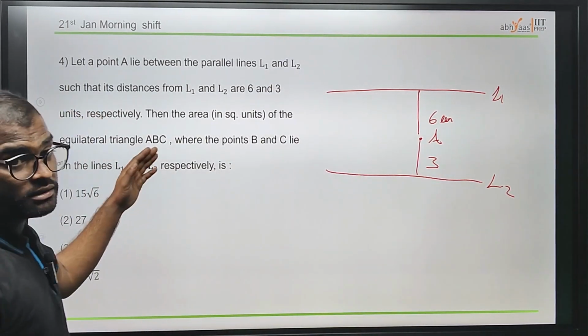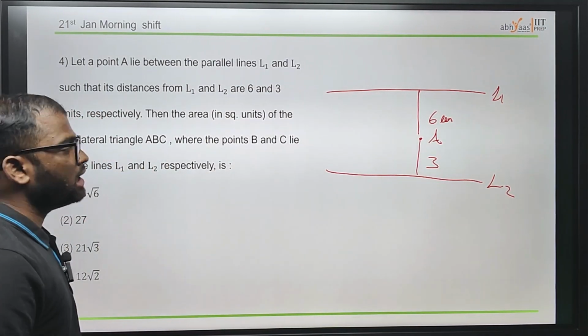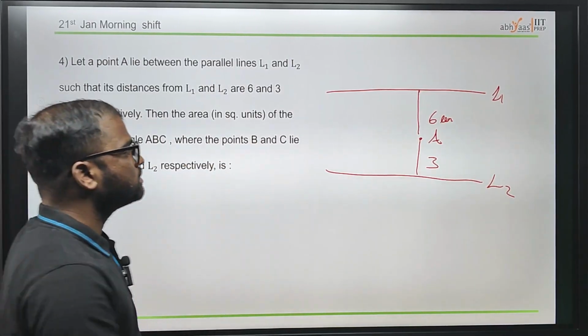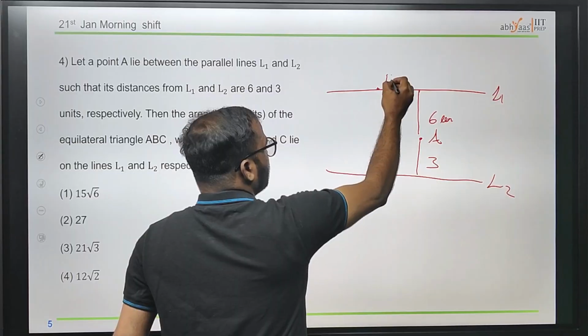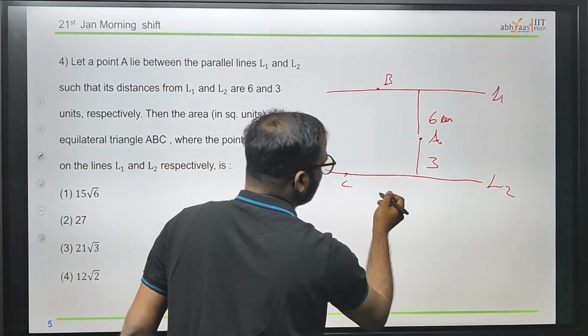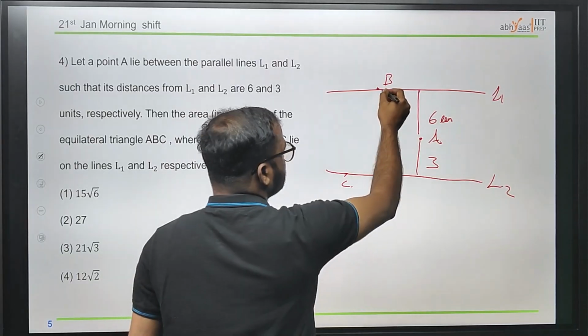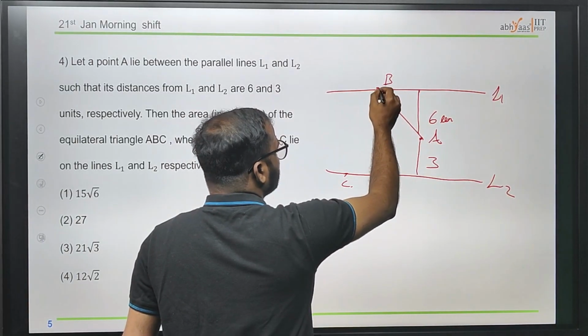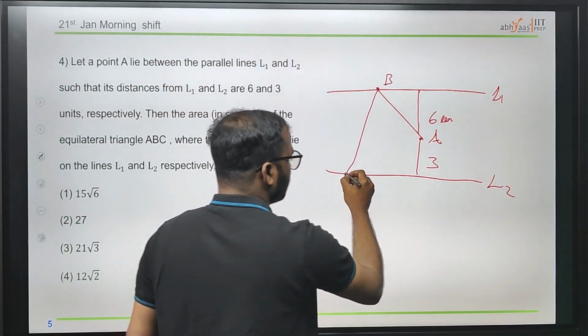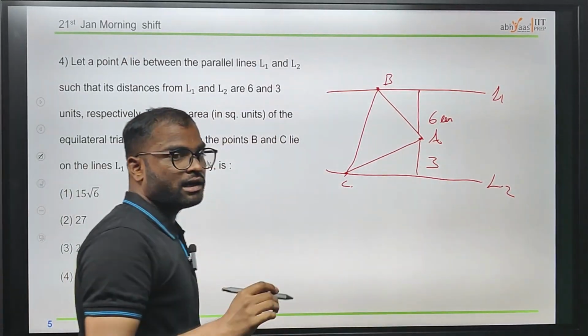Then the area of the equilateral triangle ABC where the points B and C lie on L1 and L2. Suppose B lies on L1 and C lies on L2. Now just join these points from A to B, then B to C, and now C to A. We got the equilateral triangle.